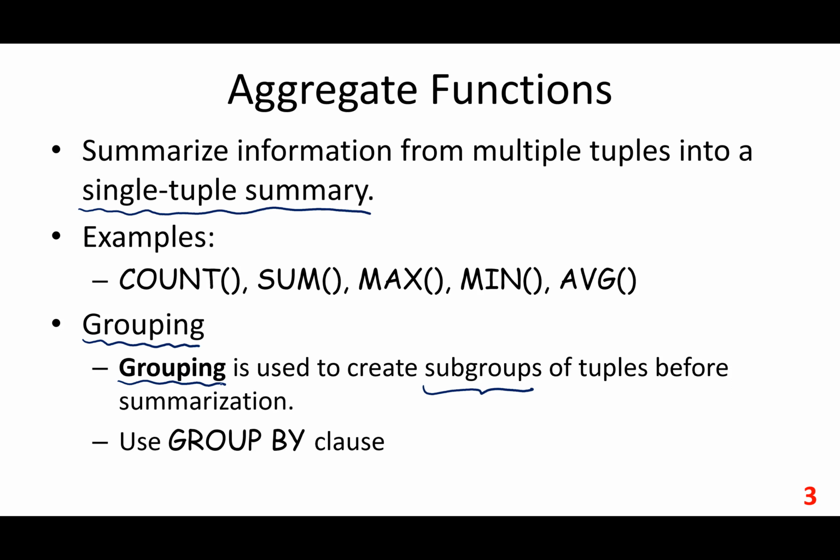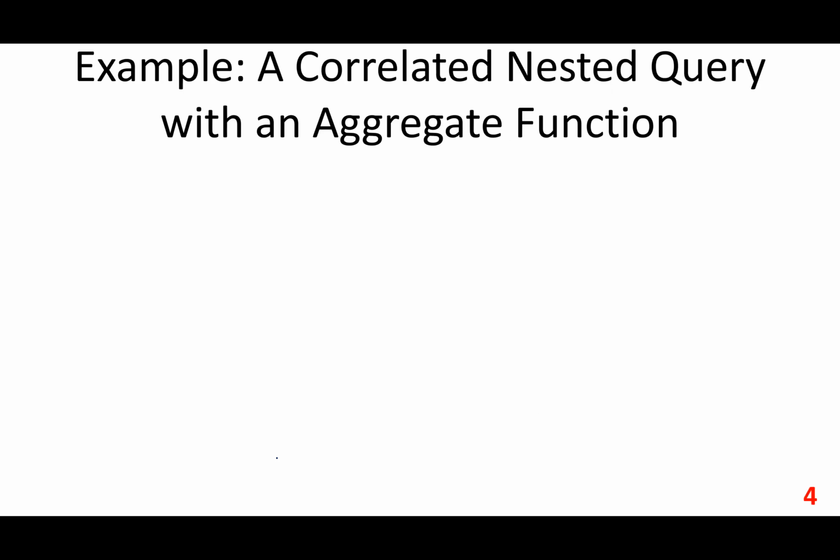Use the GROUP BY clause. Grouping is the concept, but when you write a statement, you use the GROUP BY clause. In our discussion, we use this grouping concept. All right. Example: a correlated nested query with an aggregate function.